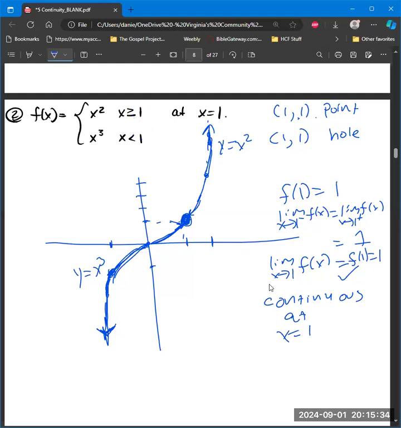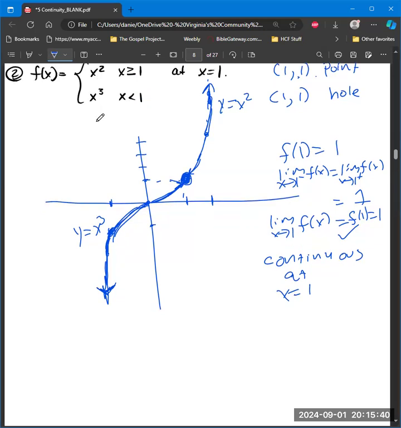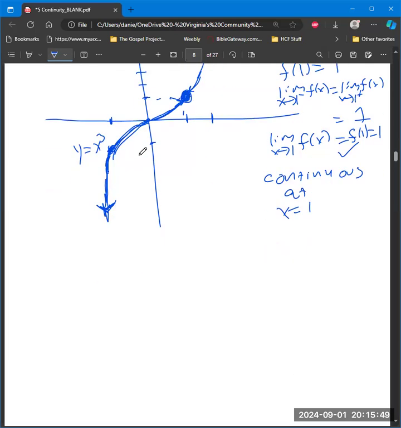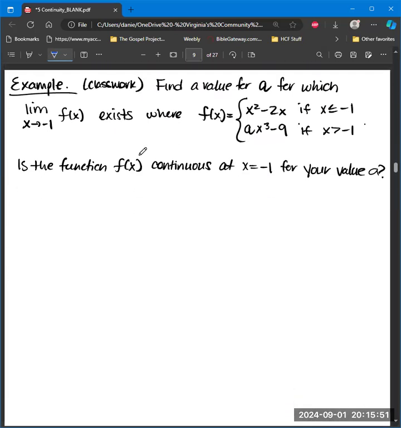That's really the only interesting point for me to test in this, because I know that I can draw x squared without picking my pencil up off the paper, and x cubed without picking my pencil up off the paper. The question was really here, are the limit from the left and the right going to be the same thing? And they were. So let's go ahead and look at this next example here.